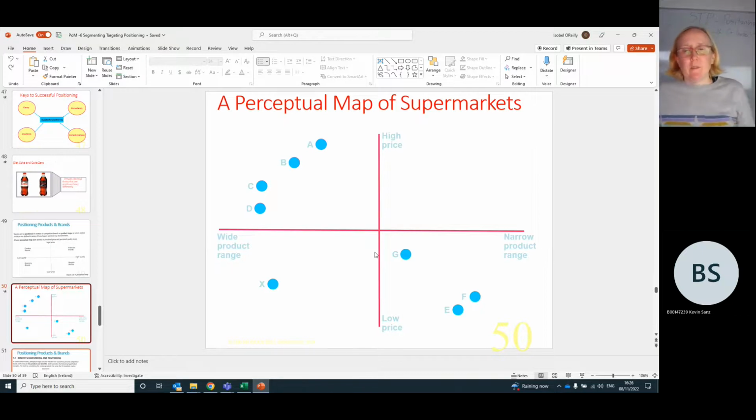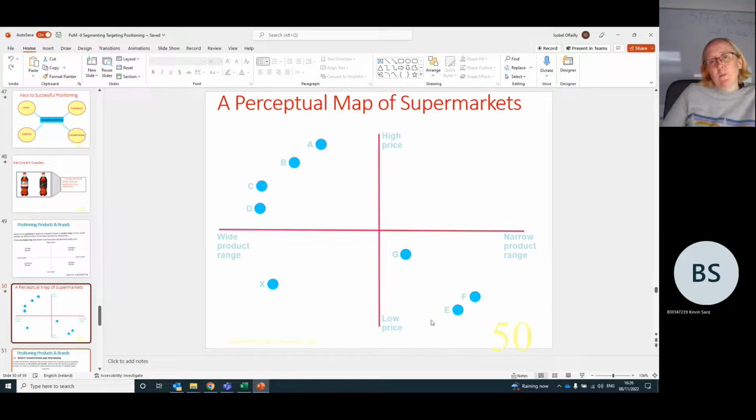What there isn't, so maybe we're company X and we decide, you know what, here's where we want to be. We have in our business model, we want to offer a wide product range at reasonably low prices.